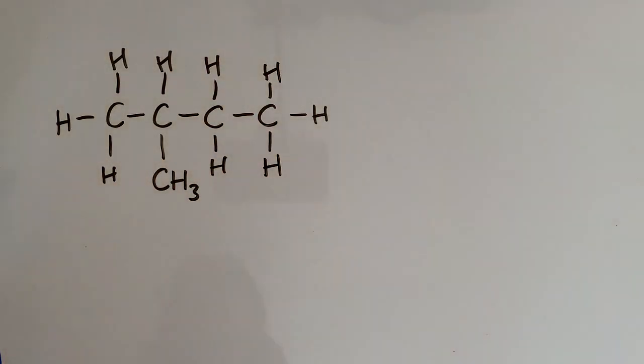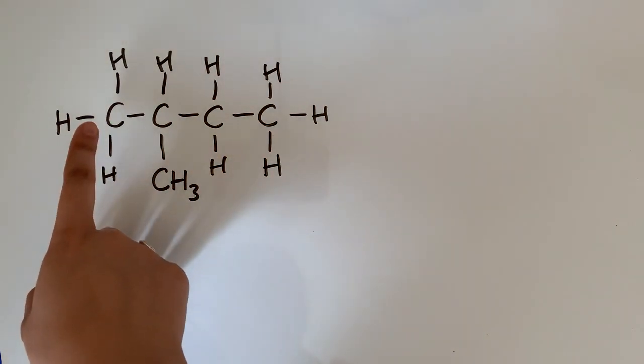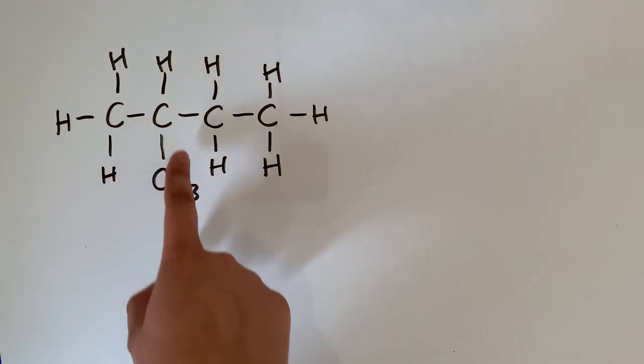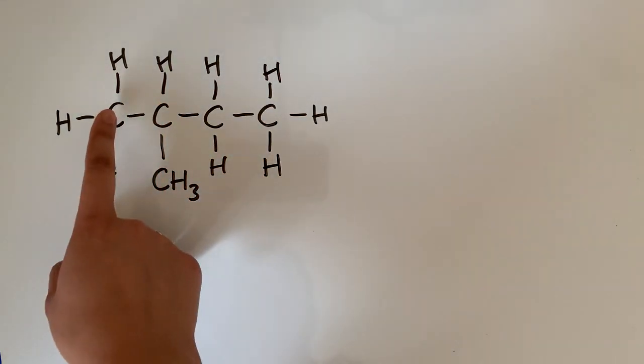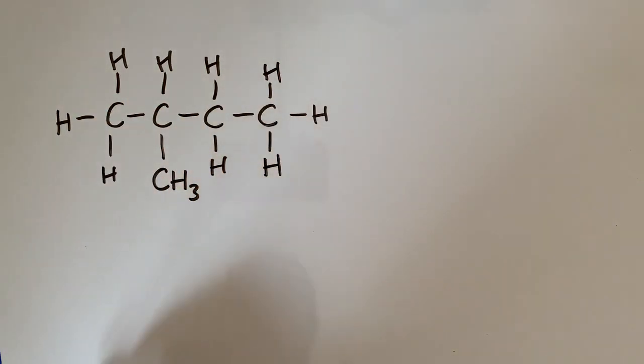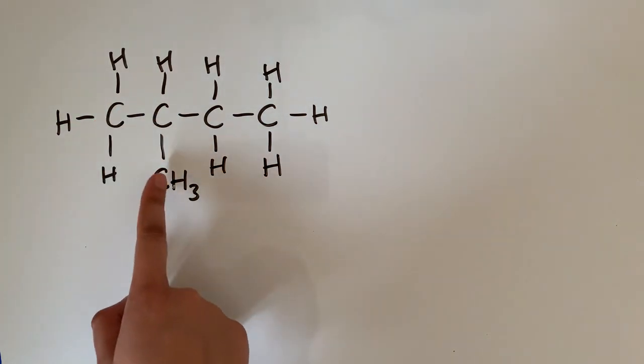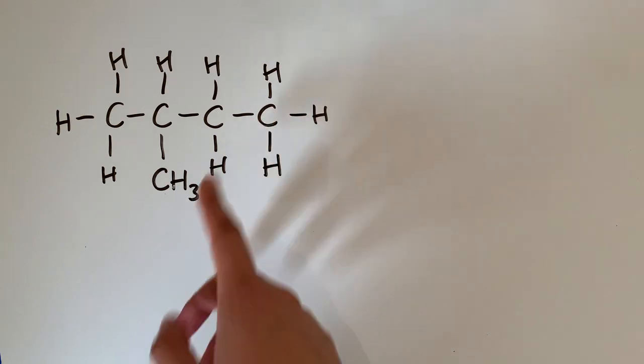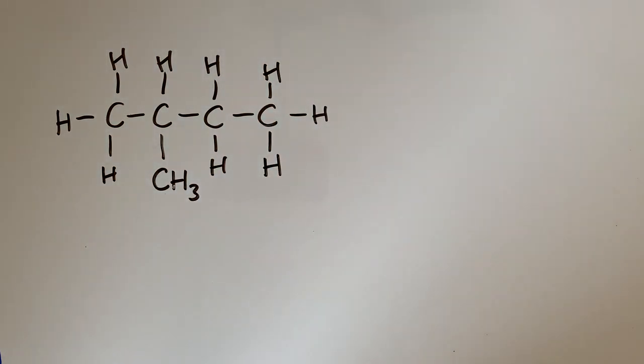The first thing you need to do is identify the longest carbon chain. Essentially, we start from one end and see which root gives us the longest carbon chain. If I go across here and then go down, that's only 3 carbons, 1, 2, 3. If I go across from here, 1, 2, 3, 4, that's the longest carbon chain I can get.